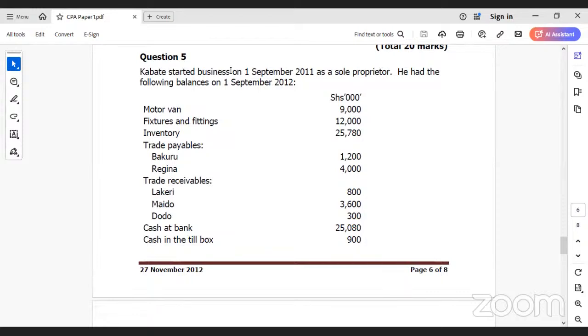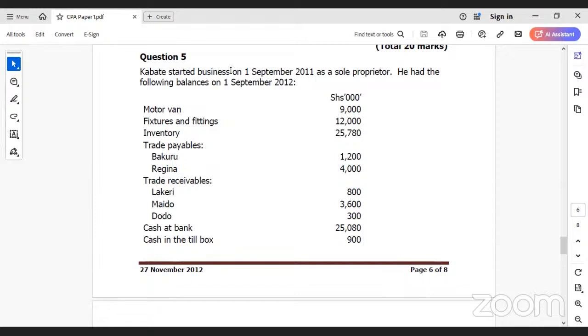In the previous week, we saw how to post transactions to the ledgers.